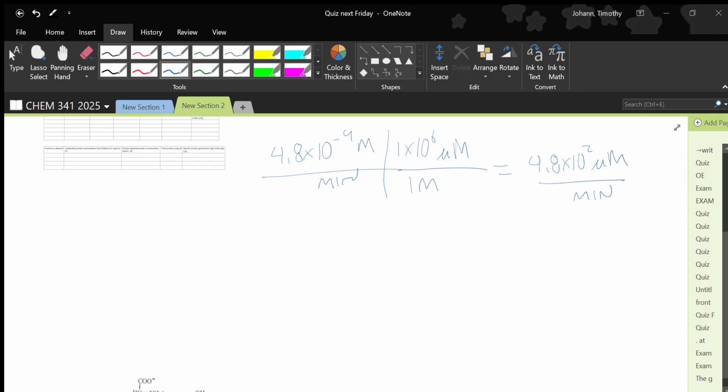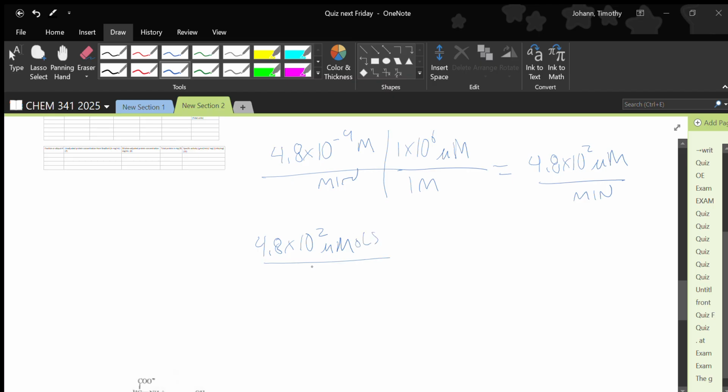Anyway, so we've got 4.8 times 10 to the 2 micromolar, right? And now that's going to be micromoles per liter, right? Okay, it looks like I'm going to maybe lose you there. Let's not do it that way.